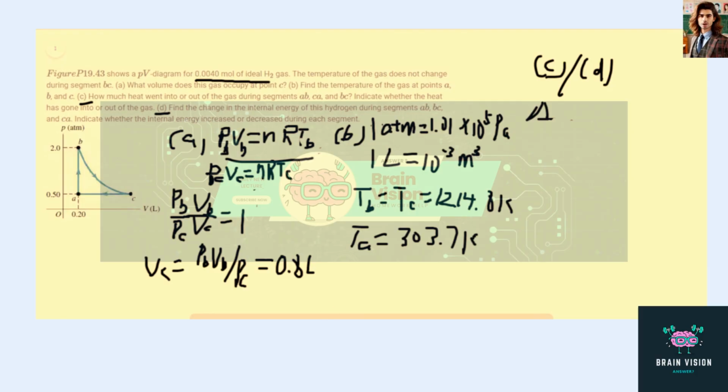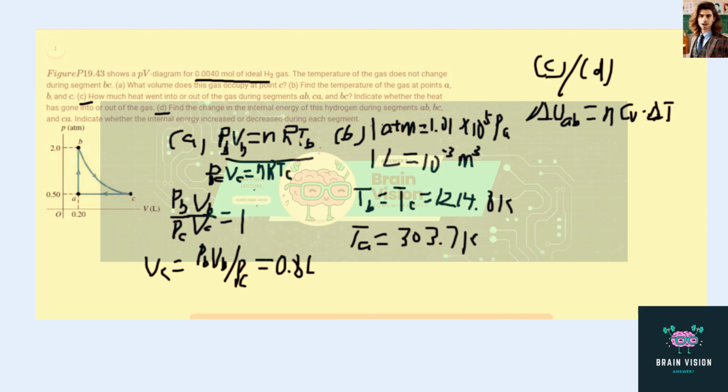So, for example, in process AB, the change in internal energy delta U, we just utilize n times CV times delta T. n is the amount of gas, which is 0.004 moles. CV is the specific heat capacity of hydrogen.